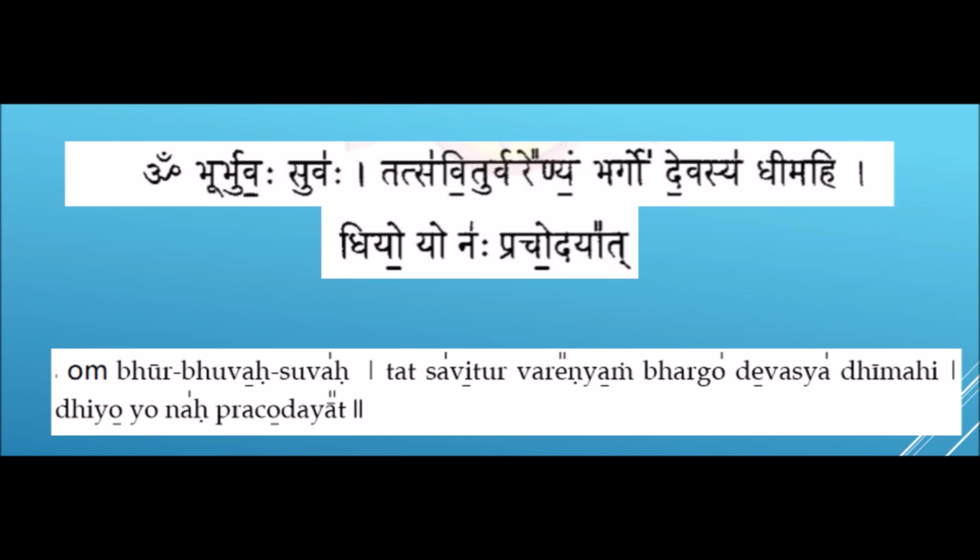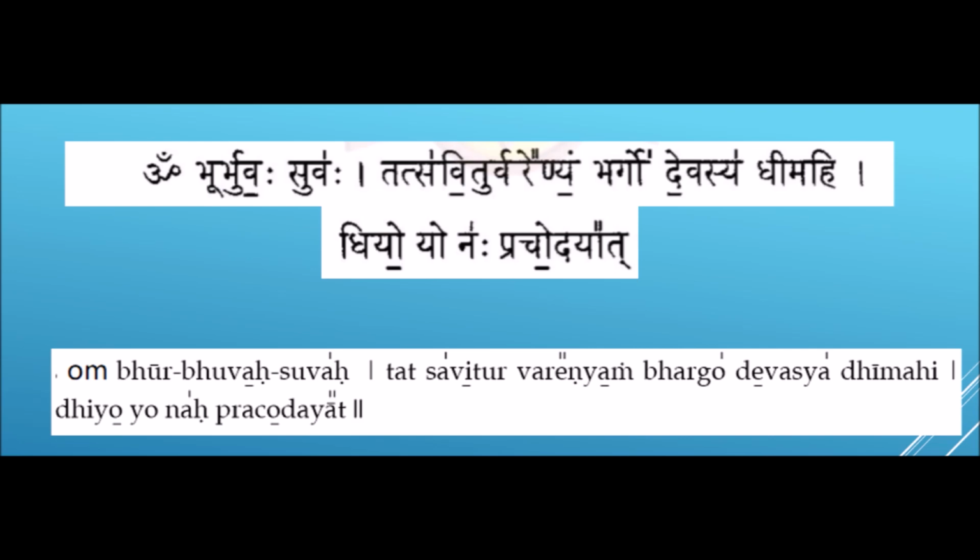Rule number 2. In Varenyam, you notice a dot below the N. This is a very unique sound. It refers to a retroflex sound. You can forget the name I just mentioned. All you need to know is that when you pronounce the N here, your tongue must touch the roof of your mouth.